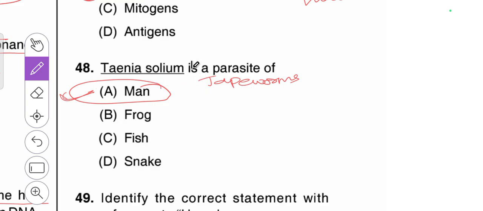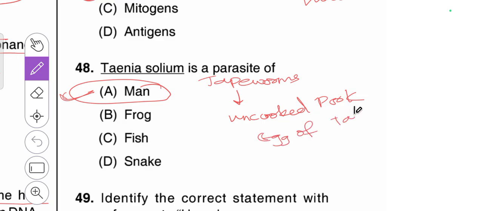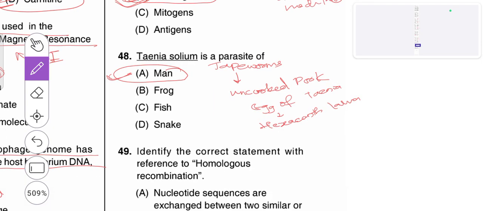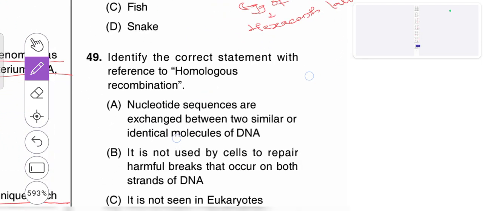This tapeworm enters the human body by eating uncooked pork. Through this, the egg of the Taenia will enter. The hexacanth larva of this egg will enter the human body. Then the life cycle continues in man.